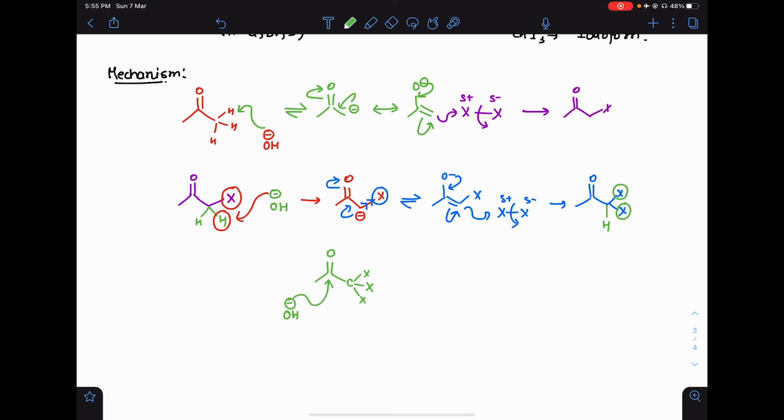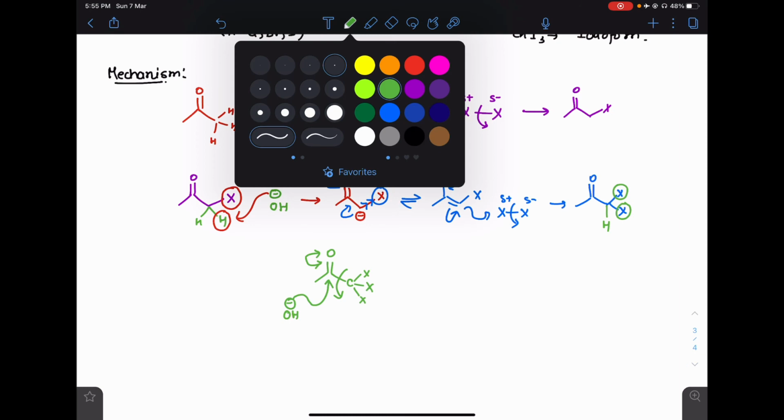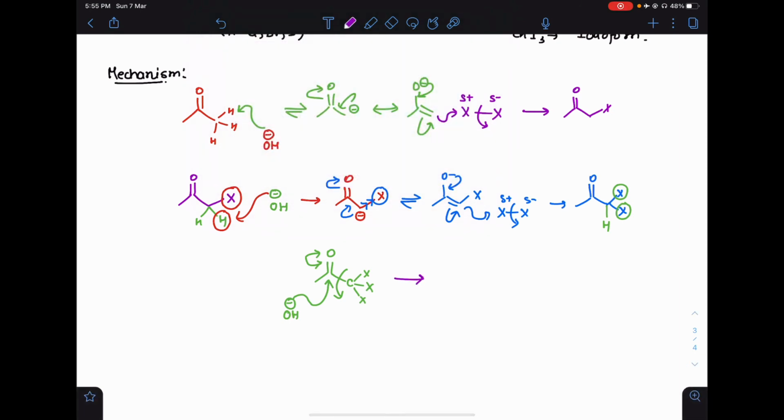This base is going to attack on this carbon, delta positive, electrons are going to go up, they're going to come down, and they are going to expel this CX3, because it is now a good leaving group.